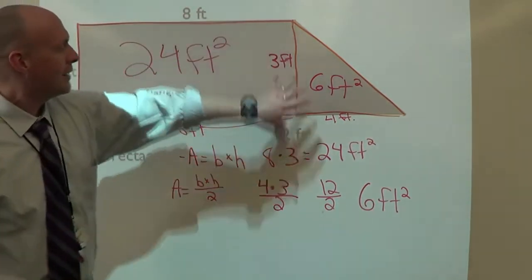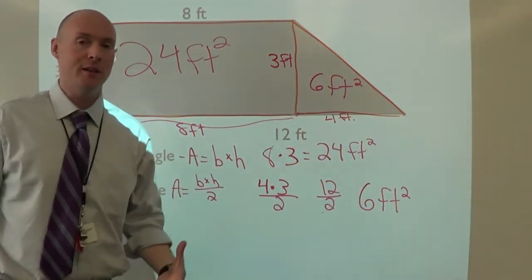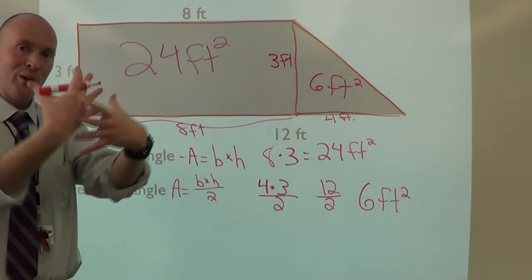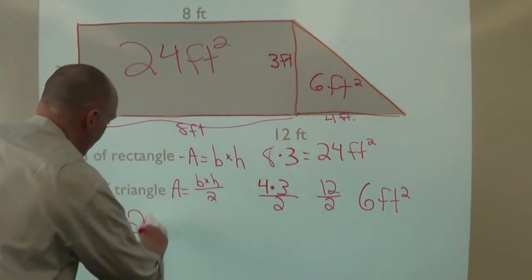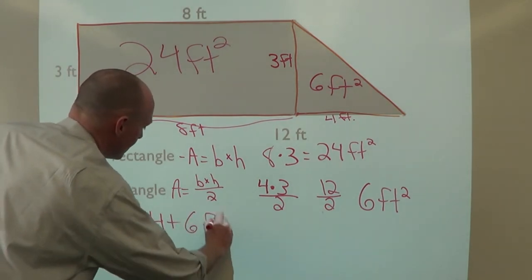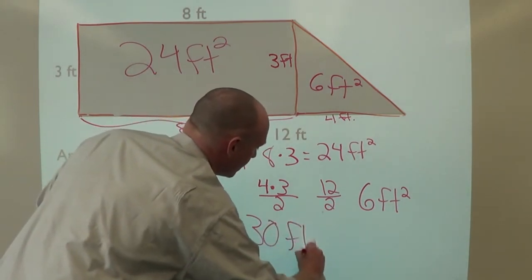So I know my rectangle part is 24 feet squared. My triangle part is 6 feet squared. How do we do it? Put them together. 24 feet plus 6 feet equals 30 feet squared.